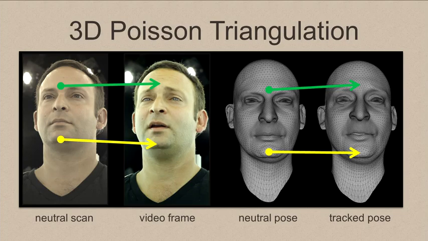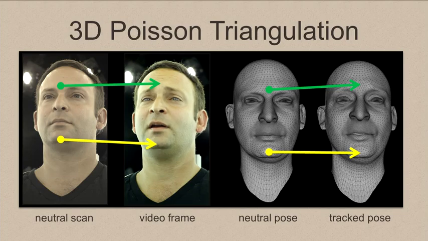Now this is depicting taking one scan and warping it to one frame of the video. But what we actually do is we have multiple scans. So some scans might be matching the forehead, some might be matching the mouth. And also we have the previous frame and the next frame. And those again might match better in some areas than others. And we take all of these constraints together.